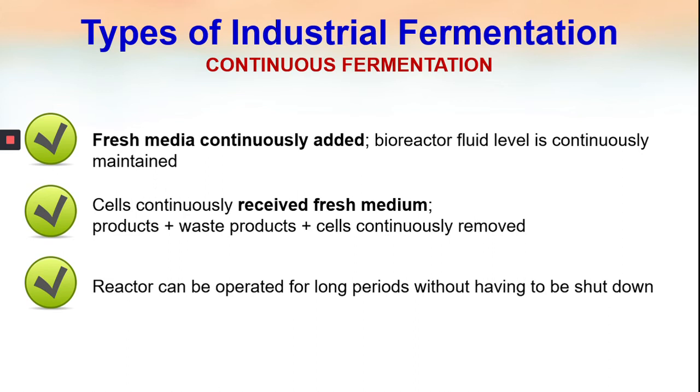And last one, batch fermentation is an operating system that's suitable for secondary metabolites. Examples of secondary metabolites are antibiotics, pigment, toxin, and also other pharmaceutical bioactive compounds.